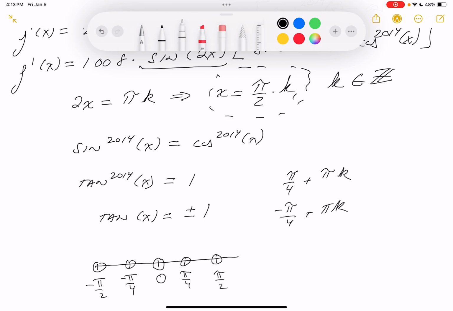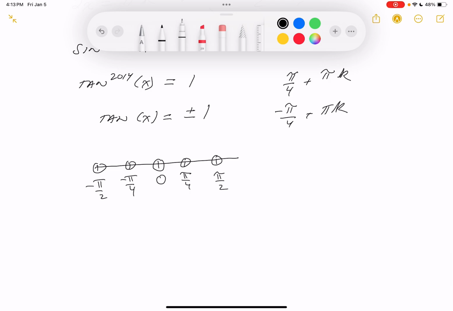But I do need to start analyzing this, don't I? All right? So the way I'm going to do it, just look for numbers to test in that first derivative, right? So let's put this down. That first derivative was 1008 sine of 2x. Again, I'm sorry, it's not alpha. We used x, right? And it's a good point that my 2 looked like an alpha, didn't it?